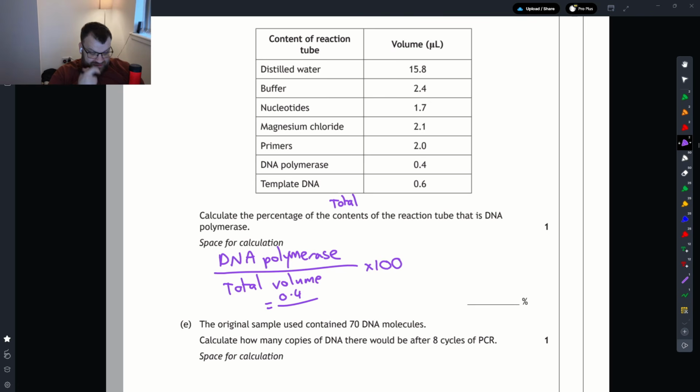Let's get them added together, which I make to be 25. Remember times by 100. And I get 1.6% as our answer there.